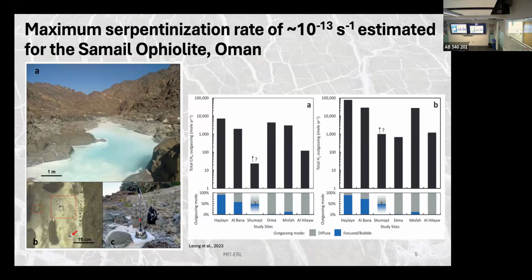Using these observations and the assumption that the ophiolite is a short-term system, meaning that the gas you observe on the surface comes mostly from active serpentinization in the subsurface, they get a serpentinization rate, a maximum rate of 10 to the minus 13 per second. This is the fraction of rock that reacts away per second.